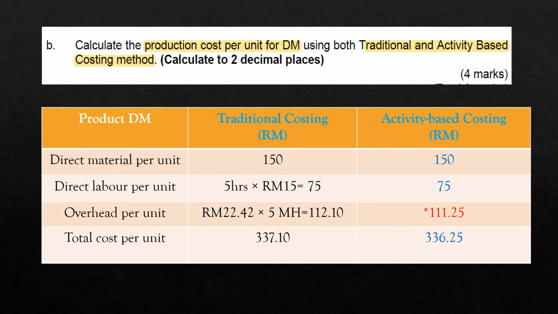And then we have overhead cost per unit. Using traditional costing, the overhead cost per unit is RM 112.10. Whereas in activity-based costing, the overhead cost per unit is 111.25. The calculation for the overhead cost per unit using traditional costing is RM 22.42.